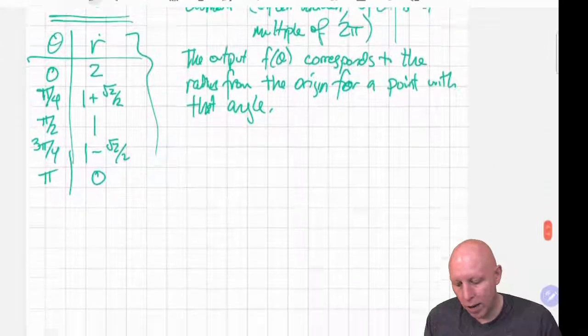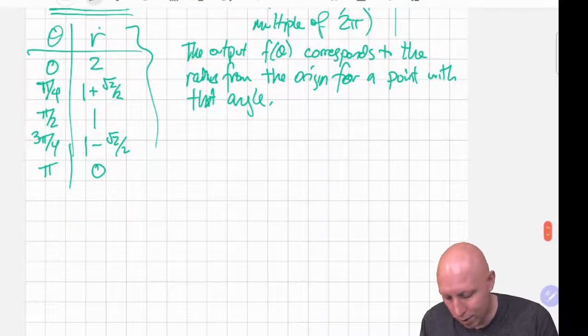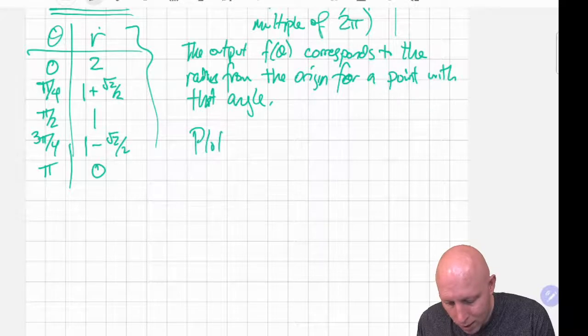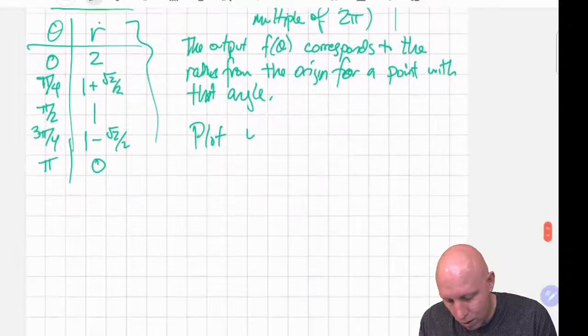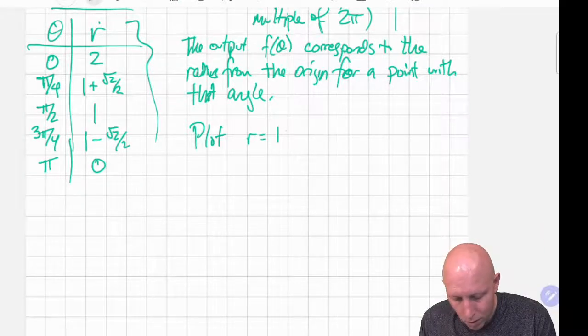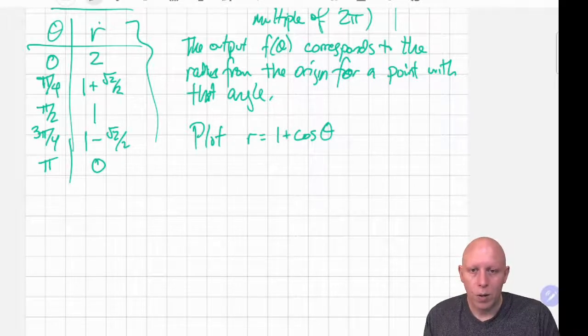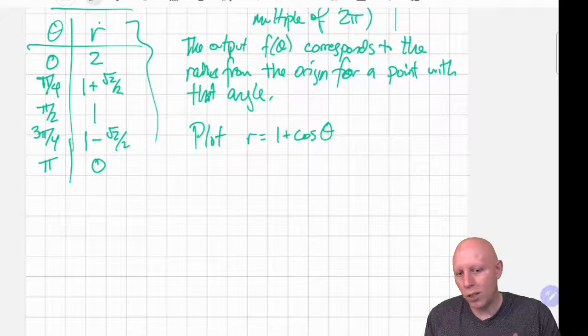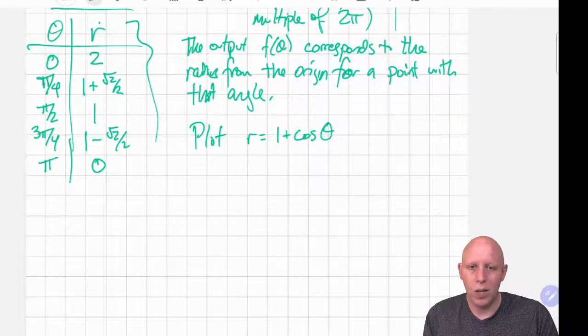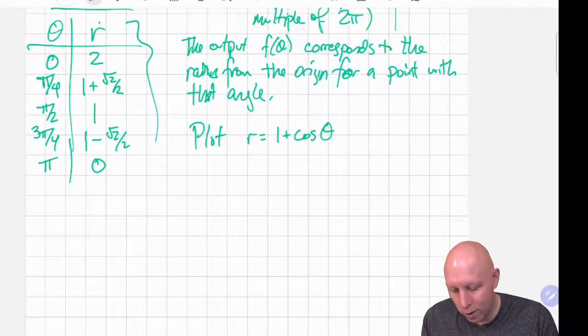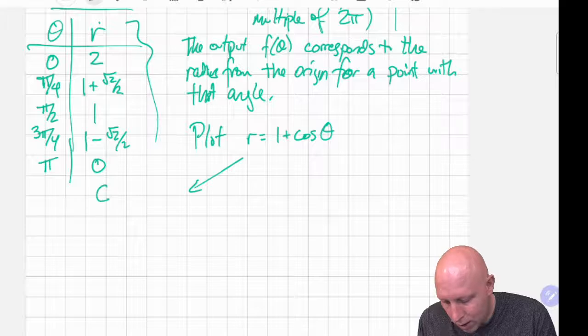So now how do we plot this graph? We'd like to plot r is equal to 1 plus cosine theta. When you're getting used to doing this, it's really helpful to first plot these functions in Cartesian coordinates.